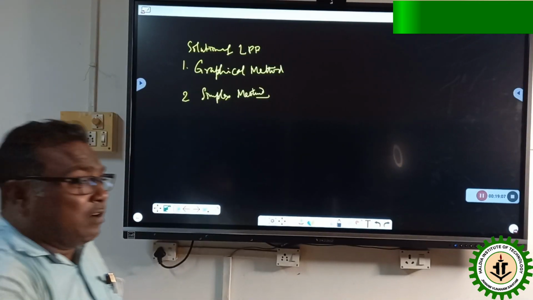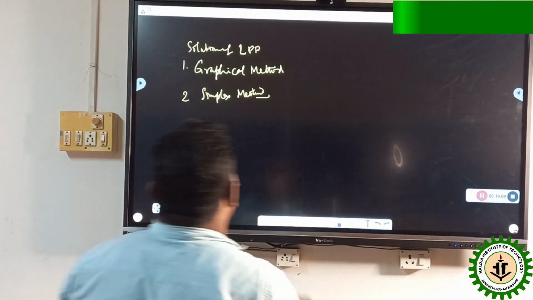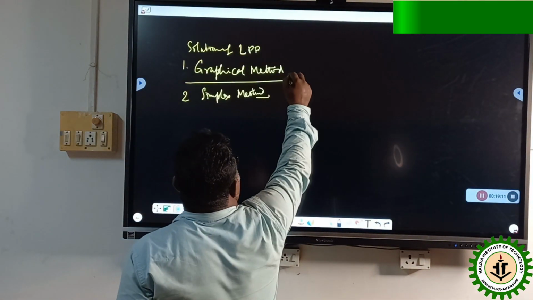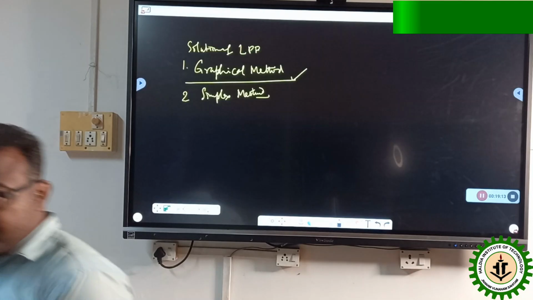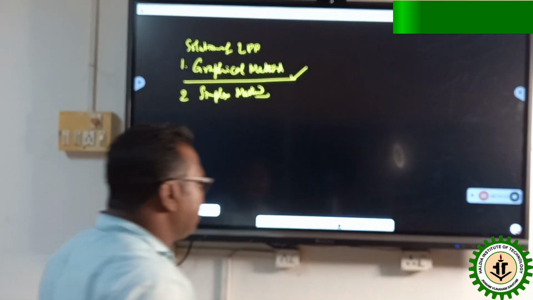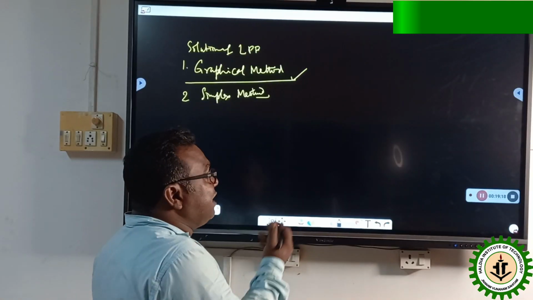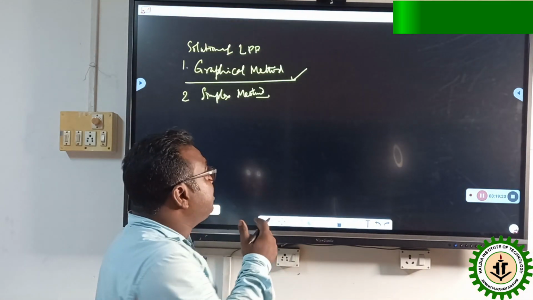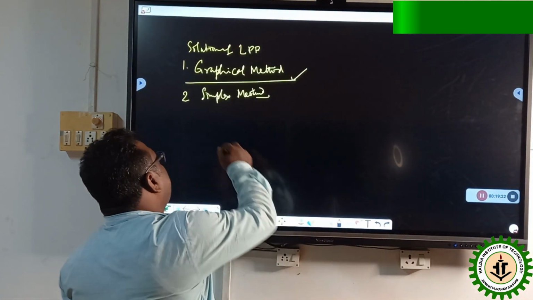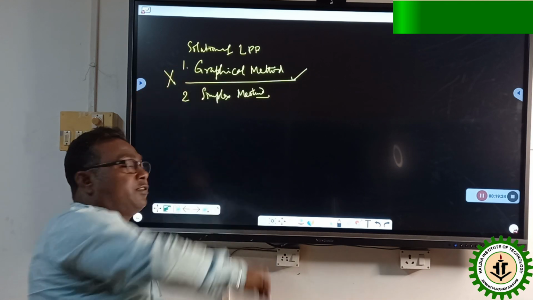The graphical method is the easier one, but it has some drawback. We are going for it first, and today we will learn the graphical method. But you know that there is a drawback: if the number of variables is greater than 2, you cannot solve by the graphical method.